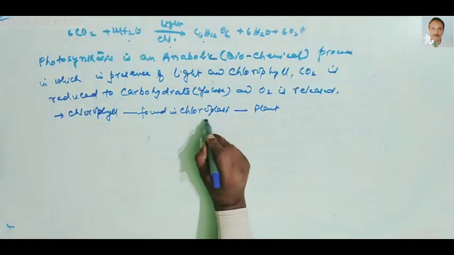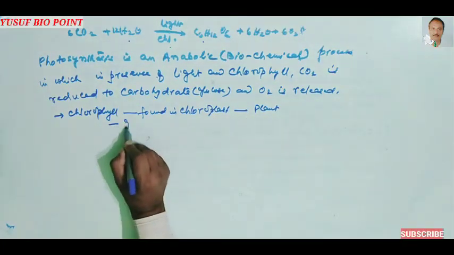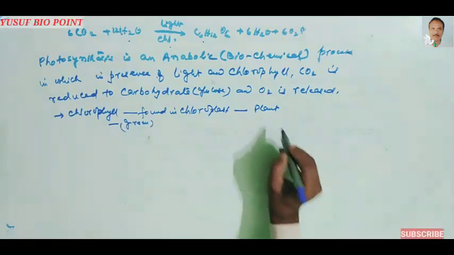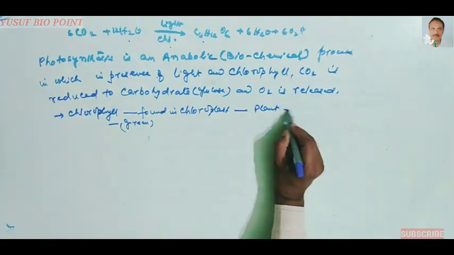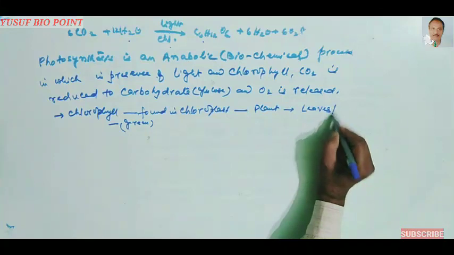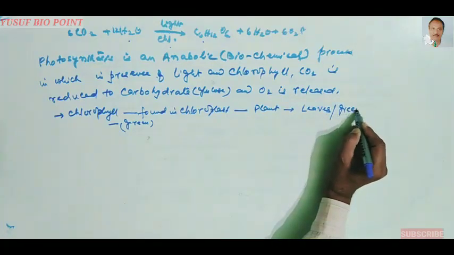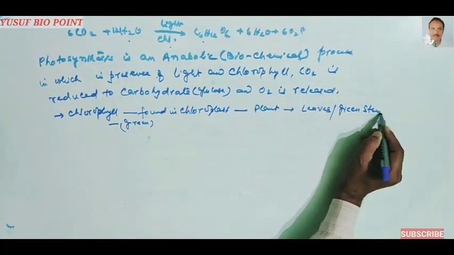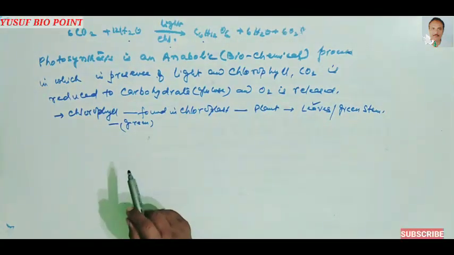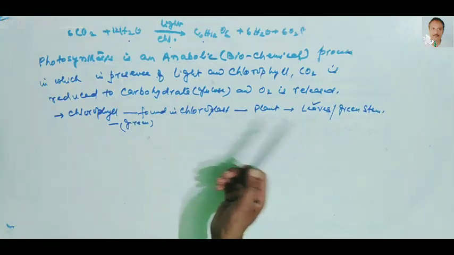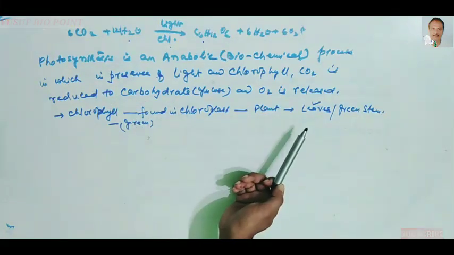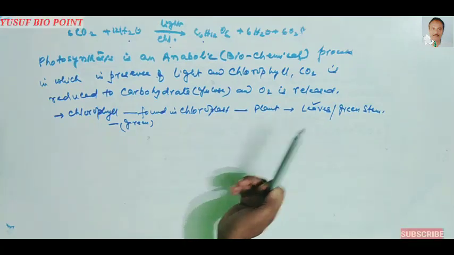We also know that chlorophyll is green in color, so it is found in the plants, especially in leaves and in the stem, but we will especially study leaves. So in other words, photosynthesis takes place in the leaves, understand?